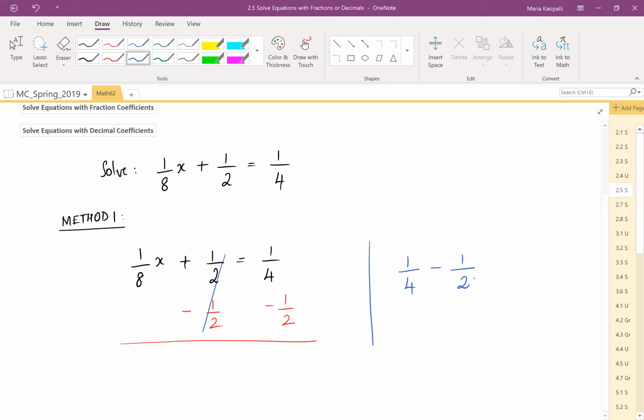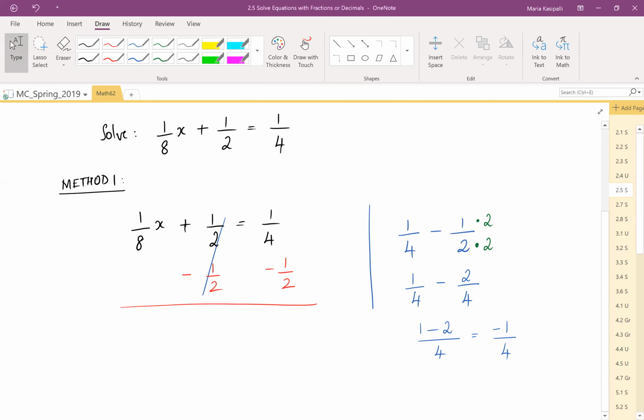The LCD between the two denominators is 4, which means you adjust the 2 up and down so that you have the same denominator, 4. 1 over 4 minus 2 over 4. Now that you have same denominators, you could simply do 1 minus 2, which is negative 1 over 4. All right, that was by the side.